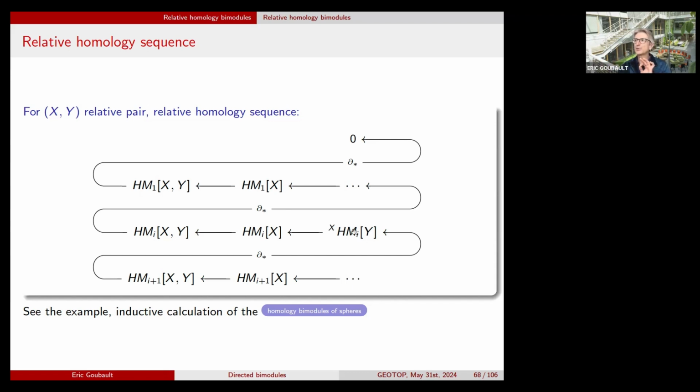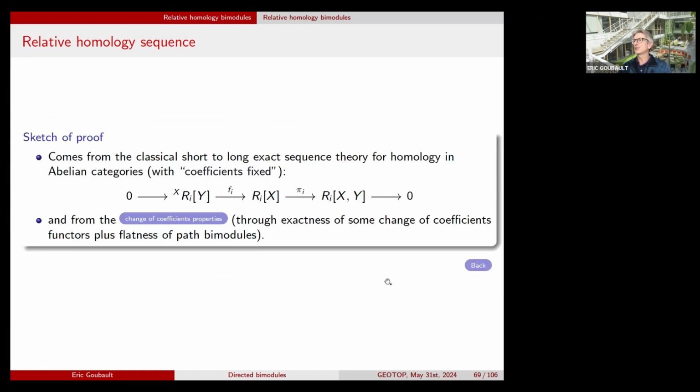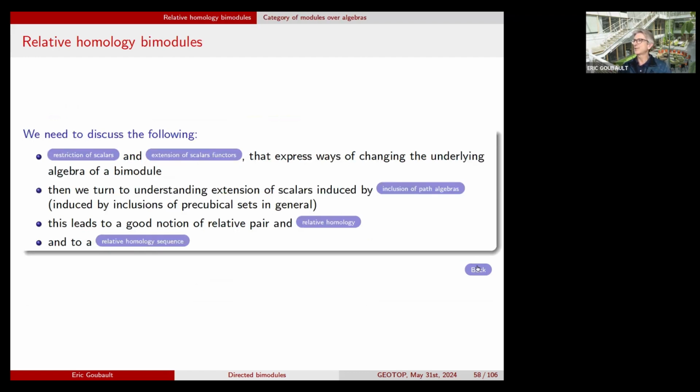You have to define this as an exact sequence within the category of modules over the path algebra of X. So you have to extend the scalars for this homology computation for the subspace Y. That's the only thing you should do. Okay. And that's not so difficult to prove, and you can do the same thing and compute homology inductively of the directed spheres as usual for the non-directed spheres using this relative homology sequence.